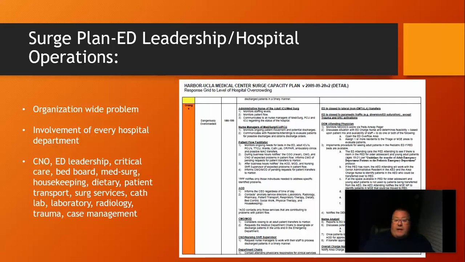Here would be your CMO, your CNO, department chairs, attending physicians, nurse analysts, charge nurses, and it's all steps and actions that they put into place, hopefully to relieve the ED from some of that overcrowding and get it back to a safe level of patients.